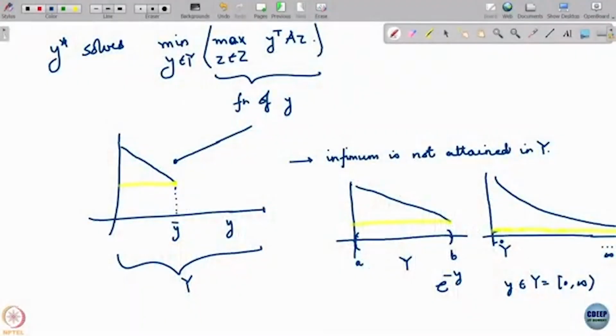So another culprit for non-attainment of the infimum in the set is that the set sort of runs away. The function value keeps decreasing and you have to go further and further to find a lower and lower value, but this process becomes endless and you eventually never get to the least value. The point is, it turns out that these are the only 3 possibilities.